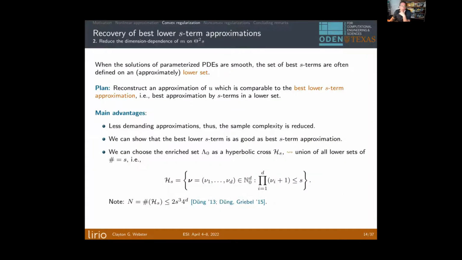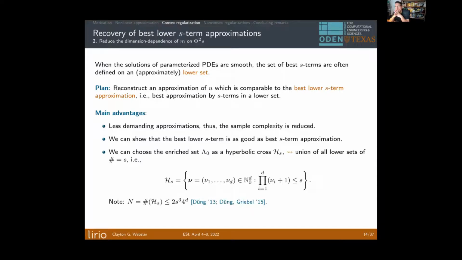Okay, so the second thing that we mentioned here is that I wanted to reduce the dimension dependence on the mutual coherence term. And the idea for us was, in the case of parameterized PDEs, at least smooth functions, the set of S terms are often defined by, say, an approximate lower set.